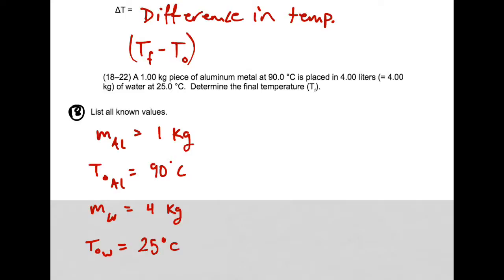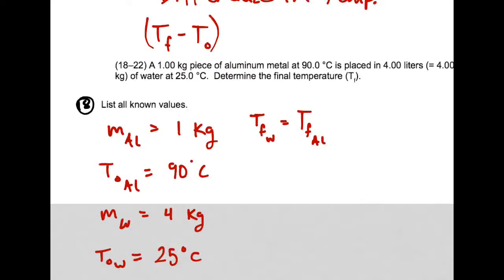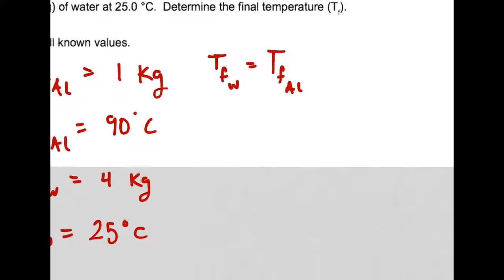I also know that the final temperatures will be equal. So I'm just going to use T sub F, not the subscript W or AL. I'm also going to write down the specific heat capacities.